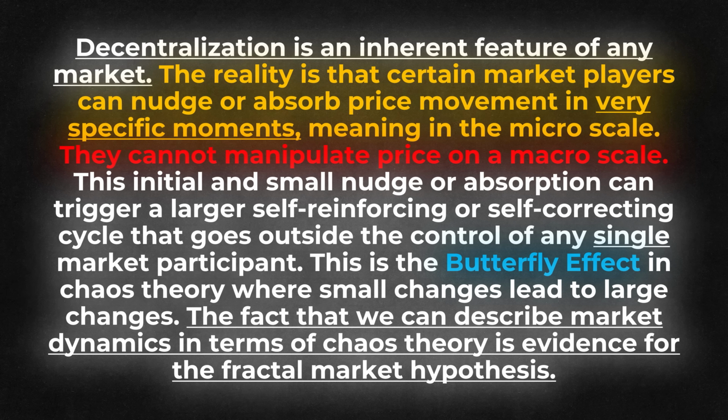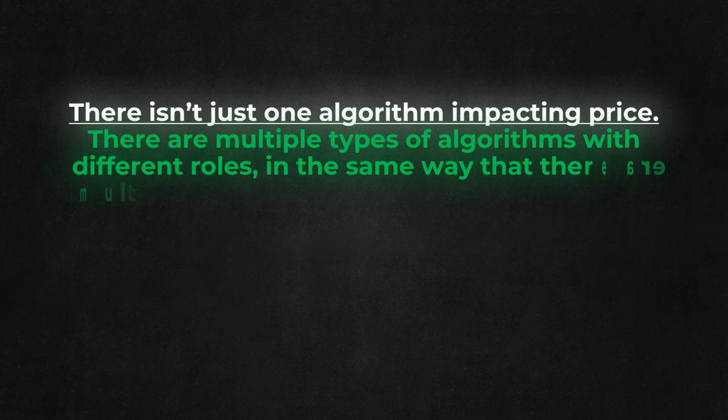I don't know if ICT claims that price is completely delivered by a centralized algorithm, but I've seen many ICT traders say precisely that, so it requires clarification. The only way to reconcile these two main ideas and eliminate the paradox is to realize that there isn't just one algorithm impacting price.